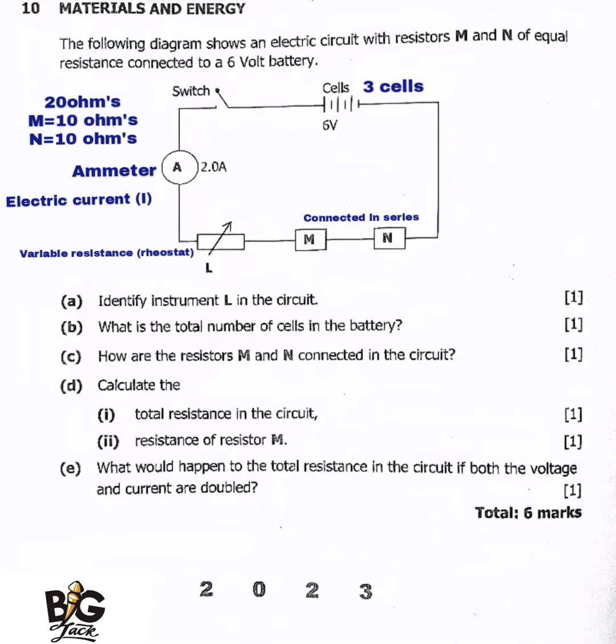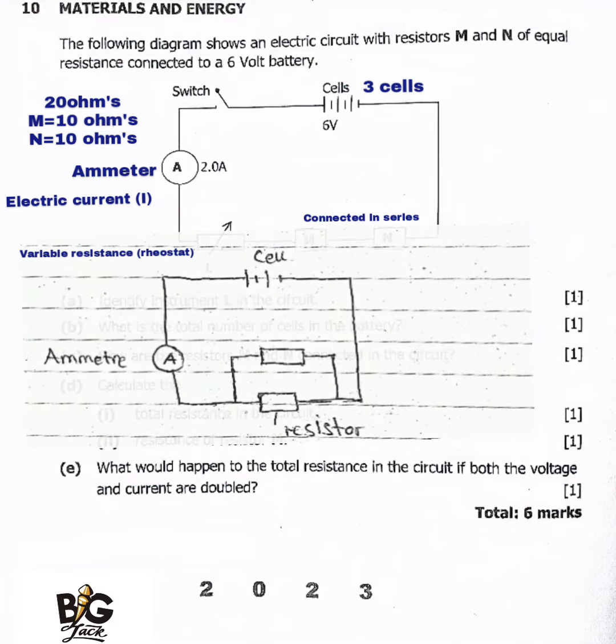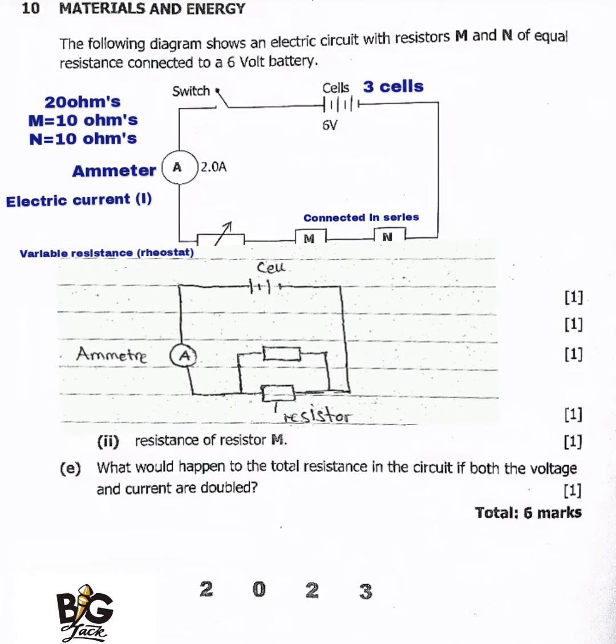These two resistors are connected in series. Resistors can be connected in series or parallel. This one here is connected in series. An example of resistors connected in parallel is the one I've displayed on the screen.